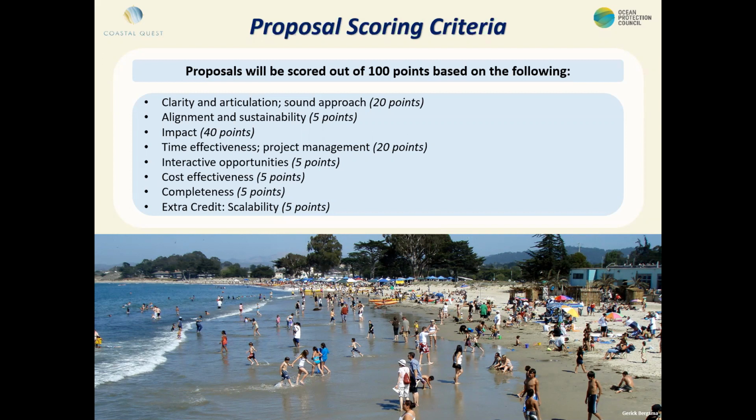The next category is alignment and sustainability, and applicant shows relevance to the Once Through Cooling Program Award guidelines for outreach and education priorities, as well as the other resources that are outlined in the RFP, such as the California MPA Education and Outreach Needs Assessment, and also speaks to the guidance in the California MPA Network Outreach and Education Guide, as well as the needs mapped out in the MPA Statewide Leadership Team Work Plan.